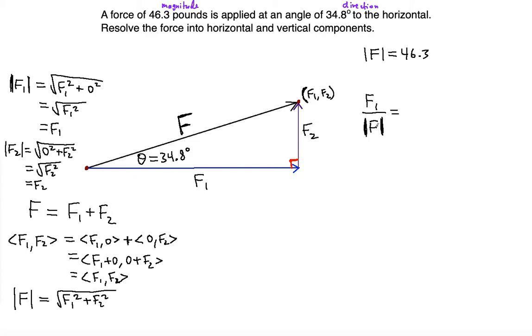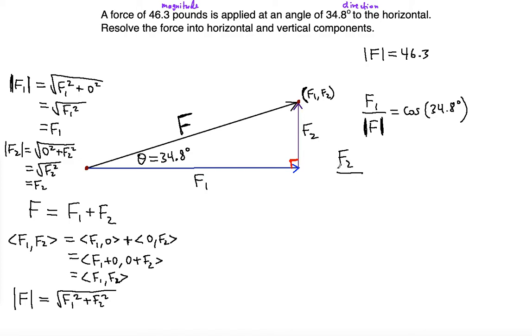So F1 divided by the magnitude of F is equal to what? Is equal to cosine of 34.8 degrees. Why cosine? Because this is the adjacent side and this is the hypotenuse when we're talking about a right triangle. And for the vertical component, or the vertical vector here, it is going to be F2.